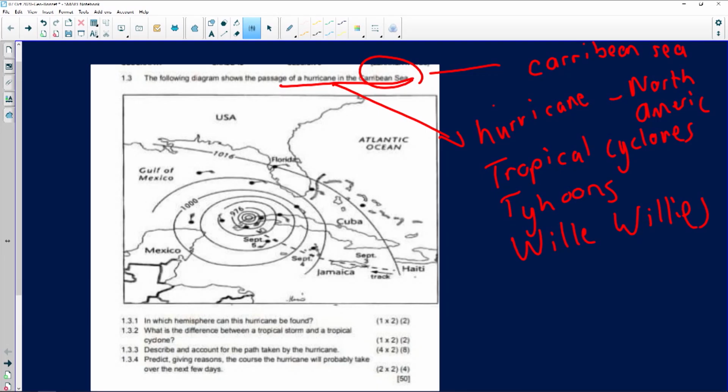We need to know the movement that's taking place because there's a difference of movement in the southern hemisphere in comparison to the northern hemisphere. So that's what the examiner tried to do over here. Try to confuse you, right? Because we're all too familiar with tropical cyclones, the movement of it. So if we look at tropical cyclones, it's a low pressure system, correct? But what do we know?